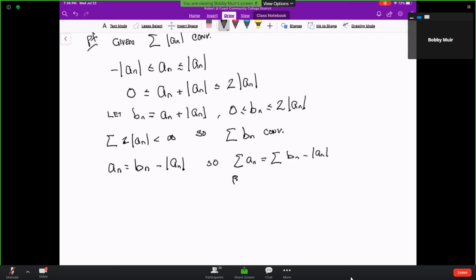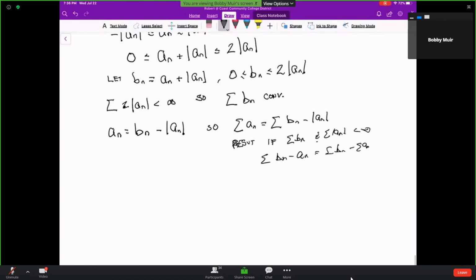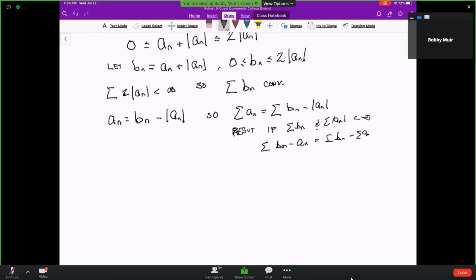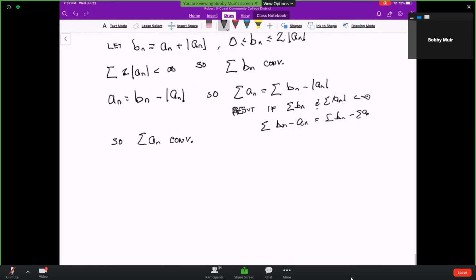Now we had that result from when we started that said if this converges and this converges, then the sum of the BN minus the AN is the difference of the sums of the outside guys. So what that means is that this thing converges. So, a trick for you there.